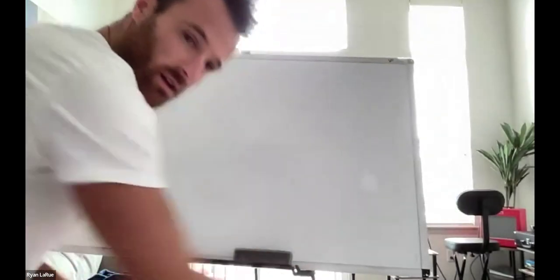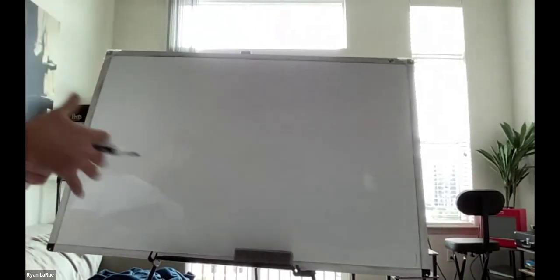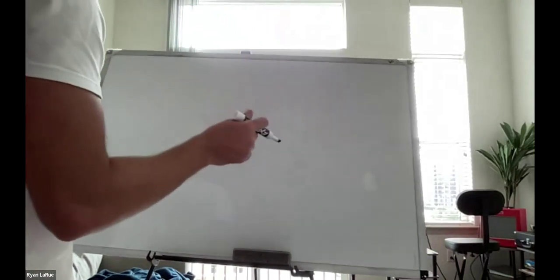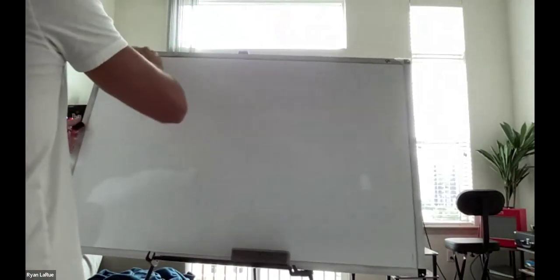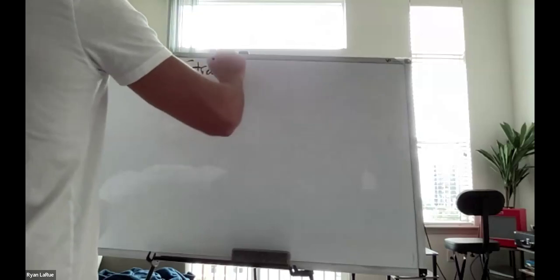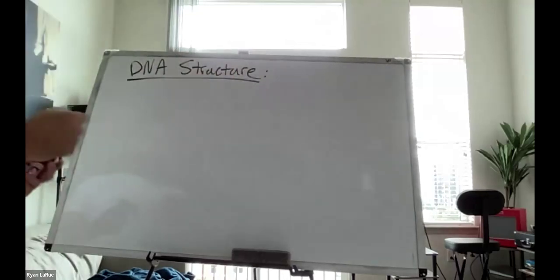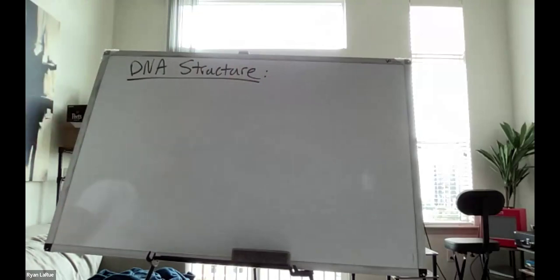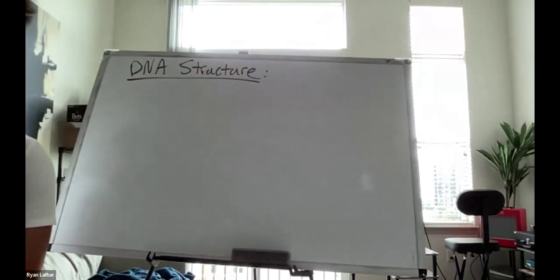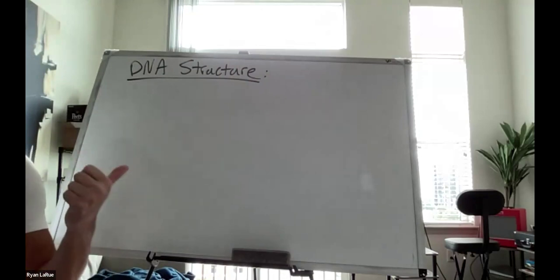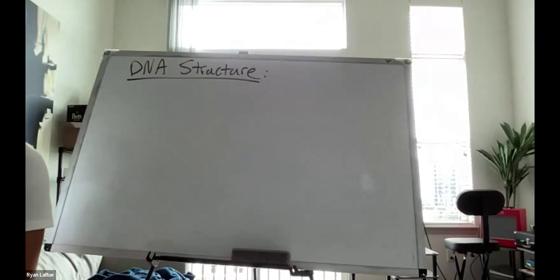Structure of DNA that Watson, Crick, and Rosalind Franklin discovered. So DNA structure. Now, of course, like I mentioned, DNA is made of thousands to millions, typically millions of nucleotides. I can't obviously write that many here. So we'll probably do 3 just to show you kind of the general idea.